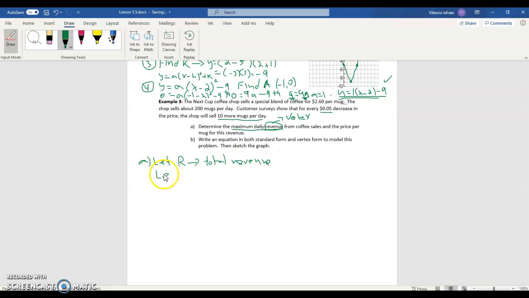And let X represent the number of 5-cent decreases. We wrote 5 cents this way to represent it as dollar amounts, so our answers will be in dollars rather than cents. Number of 5 cent decreases.